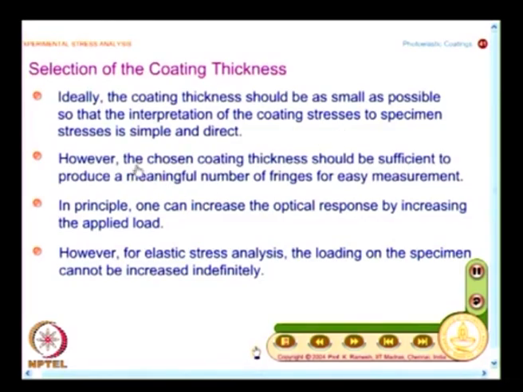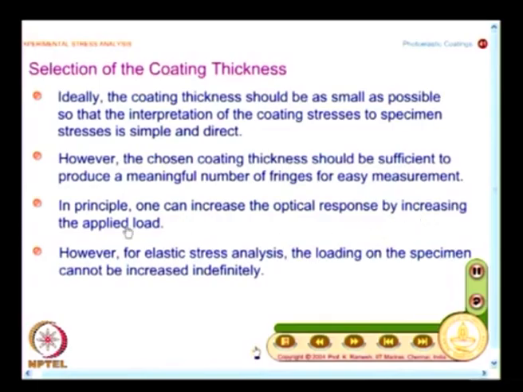And we also want the chosen coating thickness to be sufficient to produce a meaningful number of fringes for easy measurement. And we have seen in transmission photoelasticity, by increasing the model thickness, I can increase the number of fringes. The same philosophy also applies here.